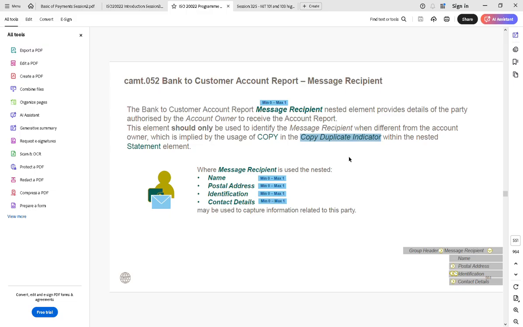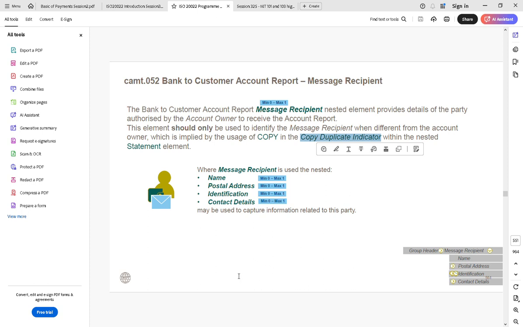First of all is message recipient. Where is this field, message recipient? Copy duplicate indicator.